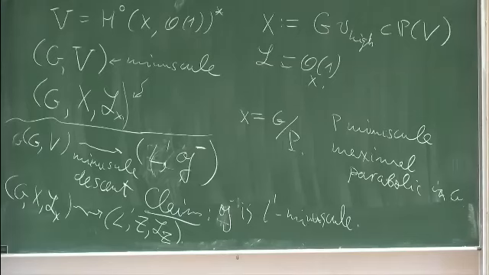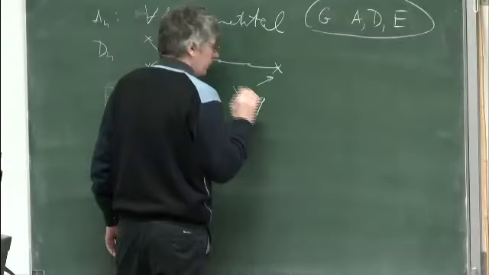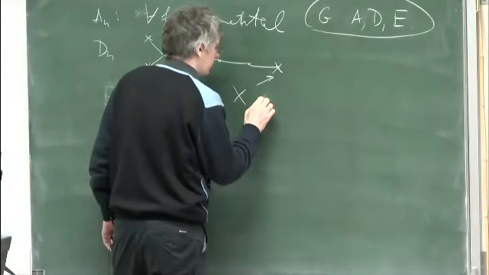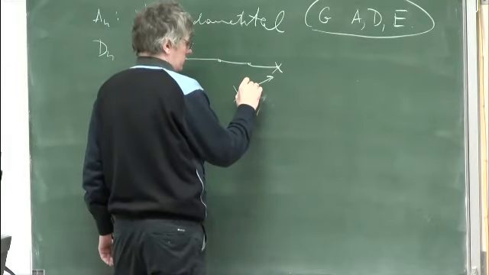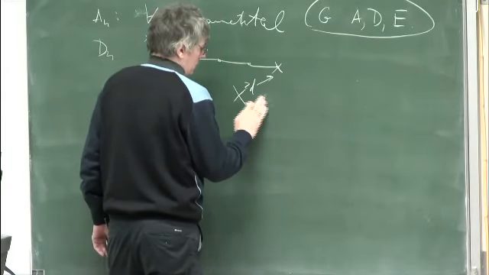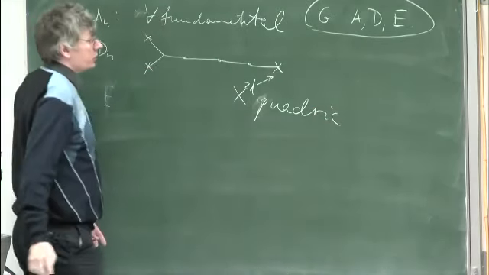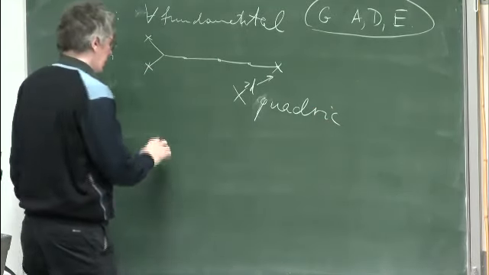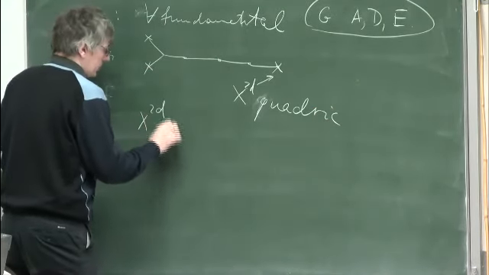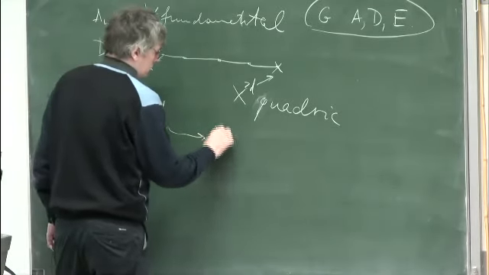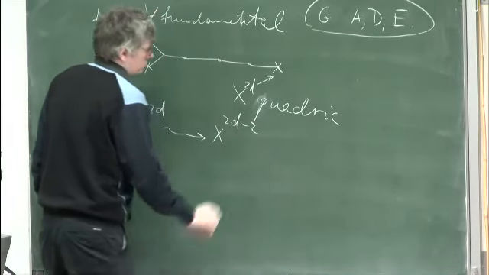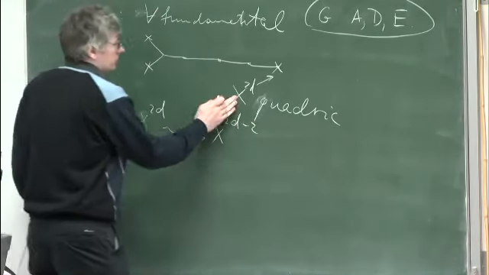Examples: when we consider this vertex, the corresponding variety X is an even-dimensional quadric, of dimension 2D, with the action of the orthogonal group on it, and the minuscule descent sends this into X of dimension 2D minus 2, another quadric.